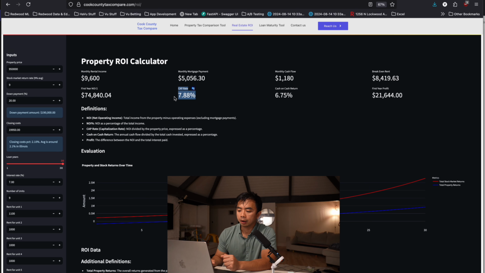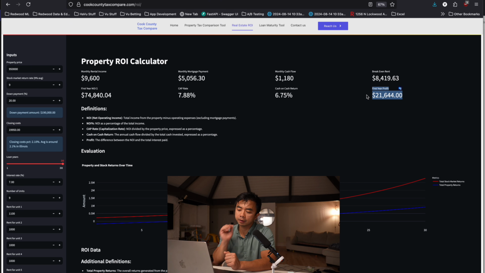So 7.8% is high for a very developed area, but it's very common for these up and coming areas. Your cash on cash return is 6.75%, which is not that great, to be honest. And the reason it's not great is because you're putting $210,000 in, and we're going to compare that against the stock market in a bit.